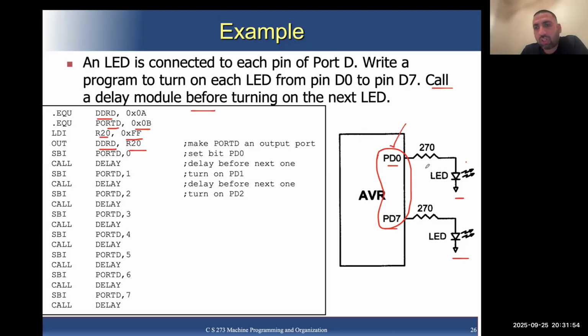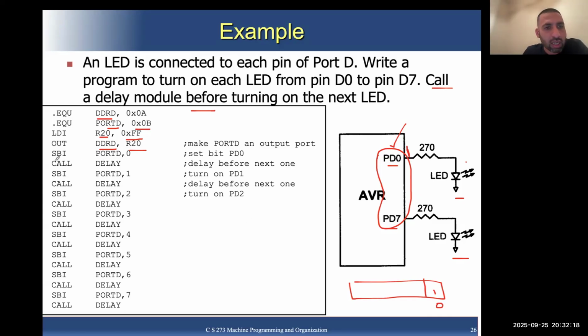After that, we first need to send only one on this line, but not on the other pins. How do we send one? By writing 1 at index 0 of the port D register. So this is what we are doing here.